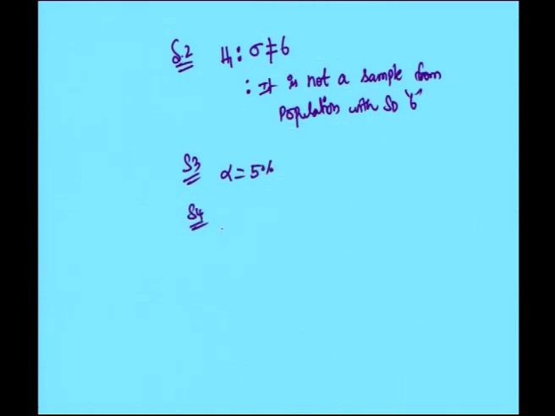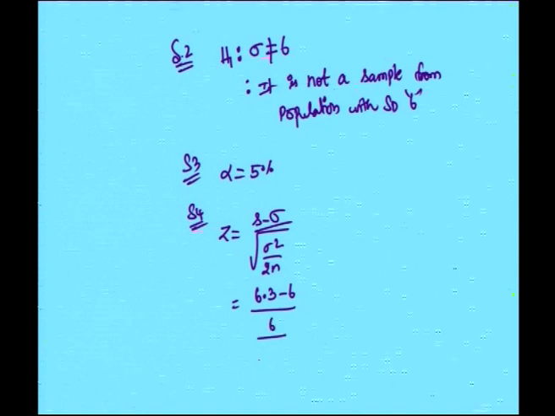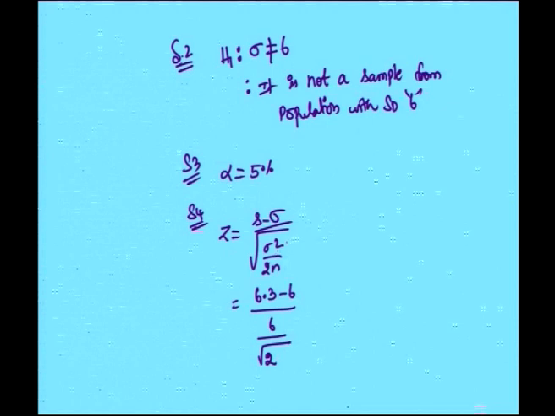Step 4, you use the formula Z is equal to S minus sigma divided by root of sigma square by 2n. So, the S value is 6.3 minus 6 divided by sigma by root of 2n. It can be written as sigma by root of 2n also, right? S minus sigma by root of 2n.